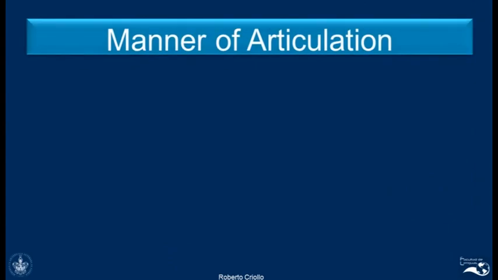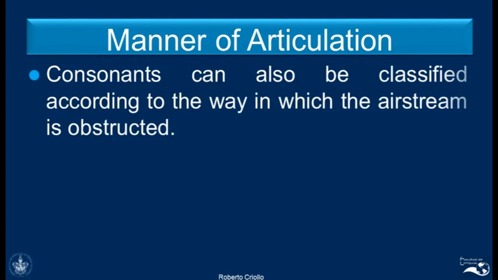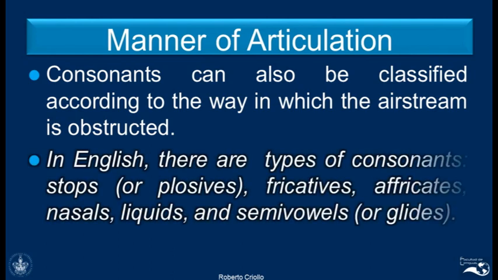Now let's talk about the second criterion for the classification of consonant sounds in English, and it is manner of articulation. So there are different ways in which we can obstruct the air, and this is going to define the kind of sound that is produced. Now in English, there are different types of consonants, such as stops or plosives.